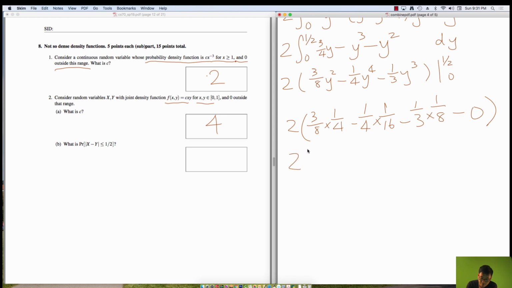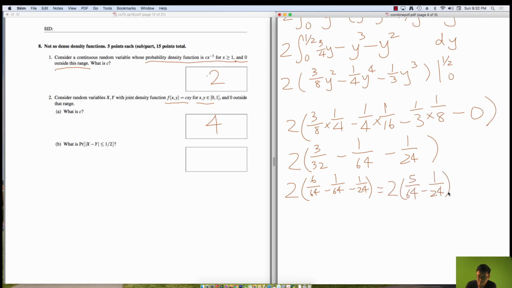So now I have this is equal to 2 times 3/8 times a fourth, so this is 3/32 minus 1/64 minus 1/24. And I can try to combine these fractions. So this is 6/64 minus 1/64 minus 1/24, which is 2 times 5/64 minus 1/24.